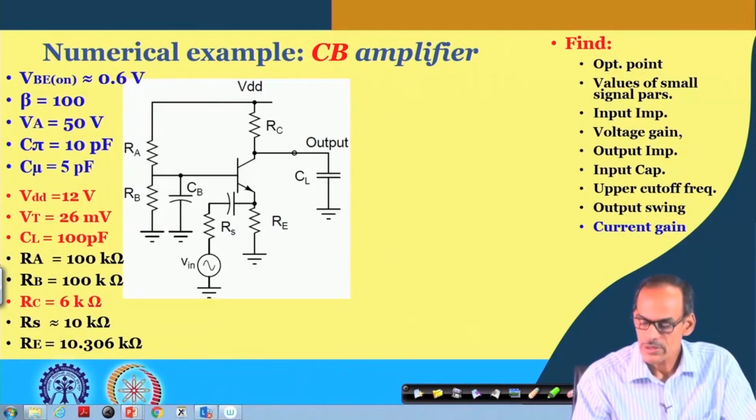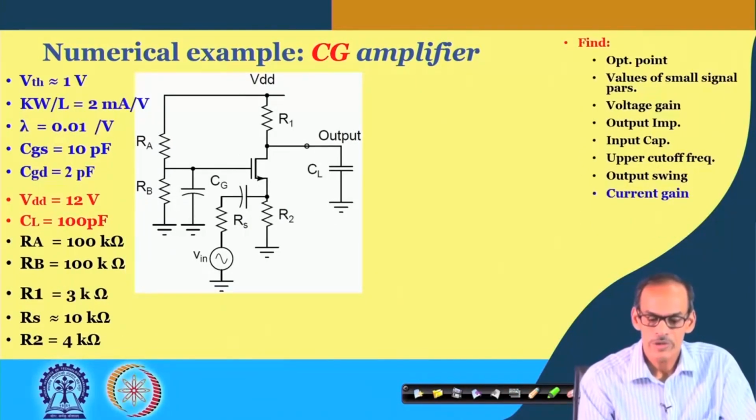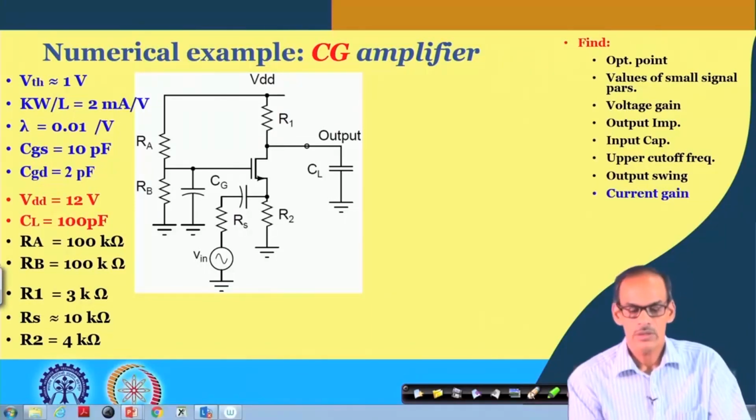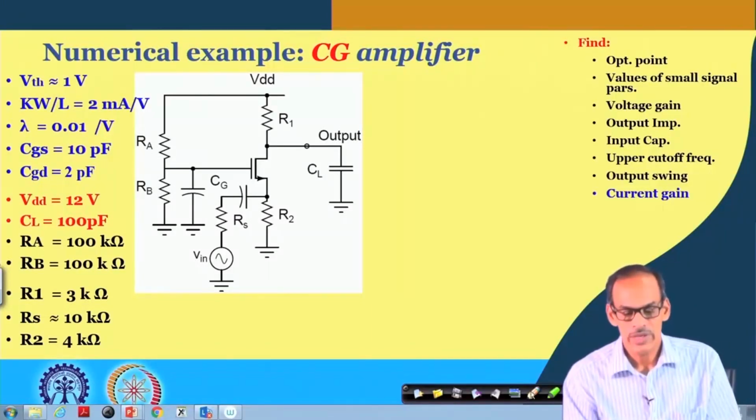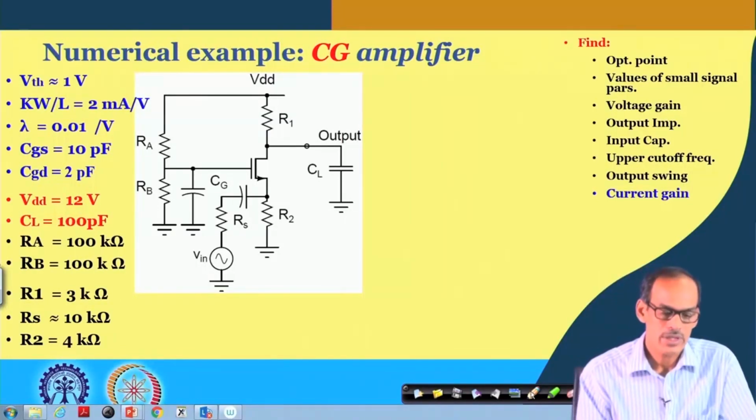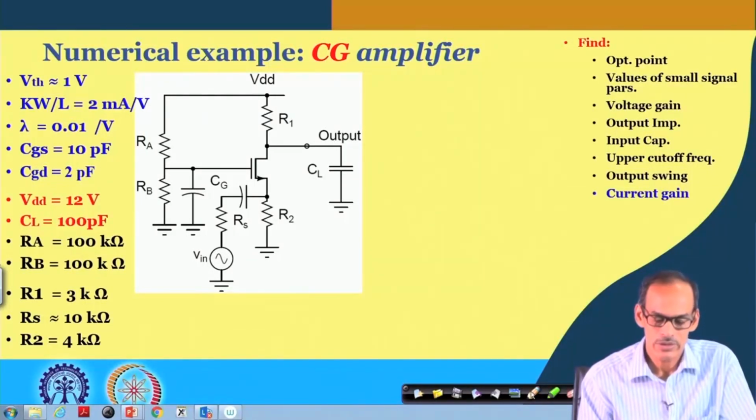So, in the next slide we do have the common gate amplifier having the practical bias arrangement. Now, obviously, finding the operating point of the MOS transistor is slightly different from BJT, and that may be one important exercise we must try to do with this.